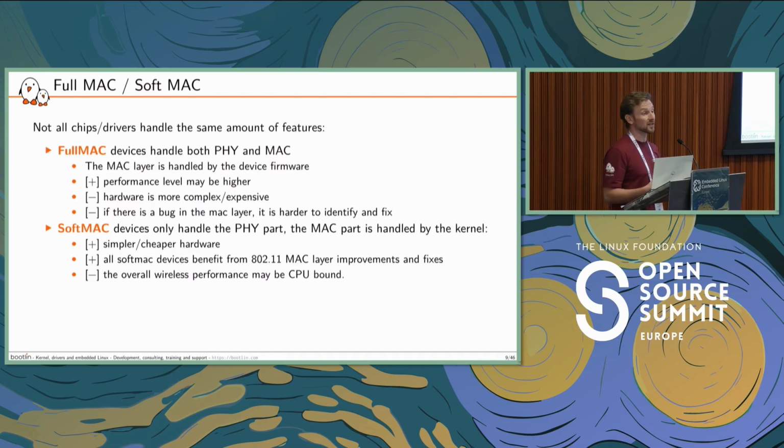The pro is that it is a kind of offload in the end, so we may expect some better performance from FullMAC devices. However, of course, they may be more complex, both at hardware level and possibly at firmware level. And also, if we have an issue, like a firmware bug, for example, it may be harder to patch it because we may depend on a closed source firmware provided by a vendor, and so we have to wait for this vendor to release the fix.